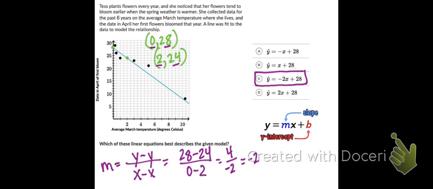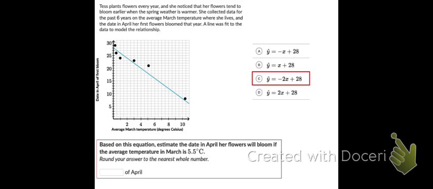Now we're going to use this information to answer one more question. It says, based on this equation, estimate the date in April her flowers will bloom if the average temperature in March is 5.5 degrees Celsius. March is our x-coordinate. So they want to know what is y, the date that they bloom, when x is 5.5.